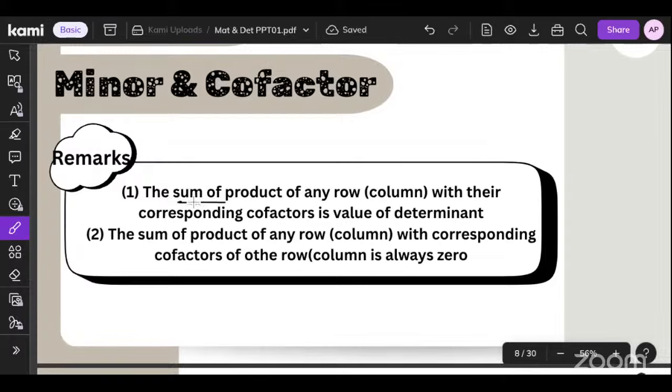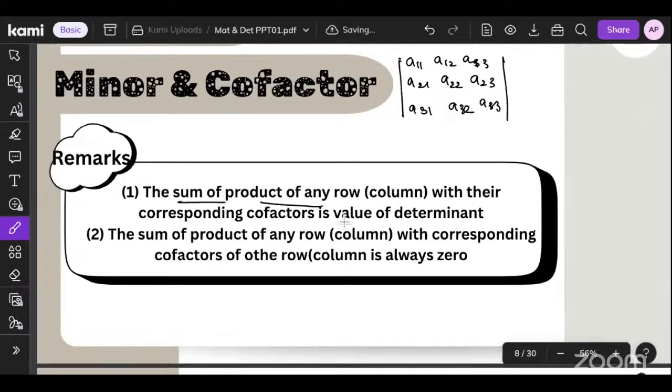The sum of product of any row with their corresponding cofactor is the value of the determinant, which means if you are having a row, let us take a11, a12, a13, a21, a22, a23, a31, a32, a33.